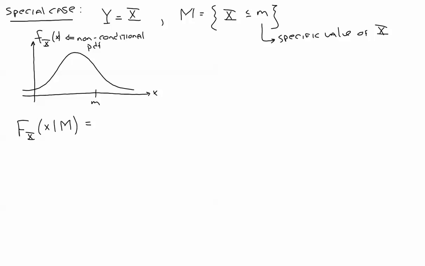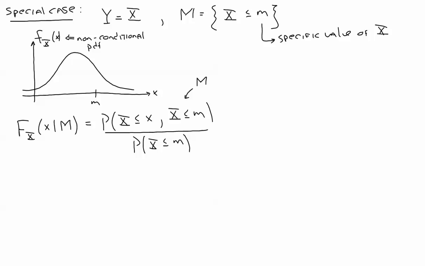From a couple of slides back, we have this. This is my conditional event M here, divided by the probability of my conditional event there.